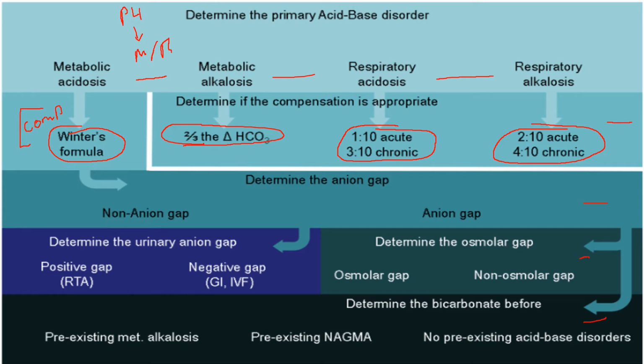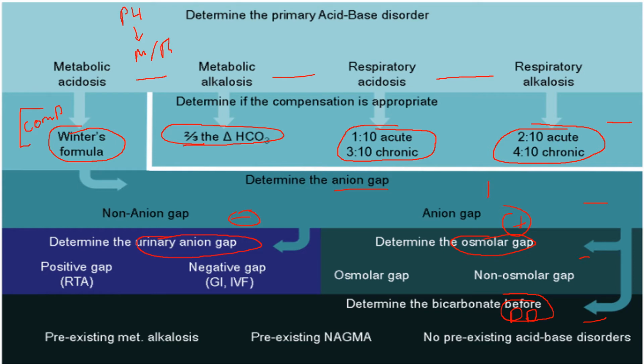Okay, so we have compensation in our second level here, and then you'll see in the third, fourth, and fifth levels we have things that have to do with only metabolic acidosis. That's why it's the most popular question. It has the most math to go along with it. So after you've determined metabolic acidosis, you also have to calculate anion gap. Then whether anion gap is negative or positive, you have to do further calculations. So urinary anion gap is for negative anion gap calculations, and then you have to do osmolar gap and delta delta for positive anion gap.